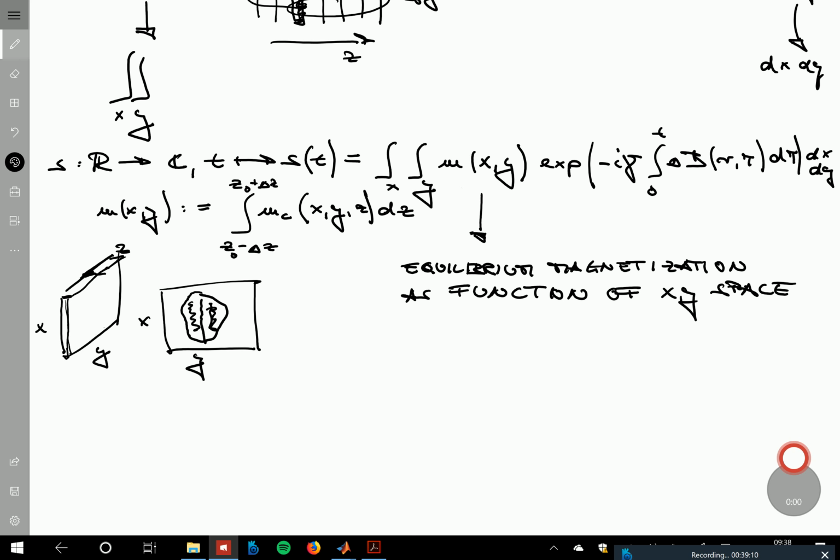Remember, this was our initial condition which we tipped into the xy plane, so it's the initial condition in the xy plane for our spinning magnetic moment vector, but it is dependent on space.